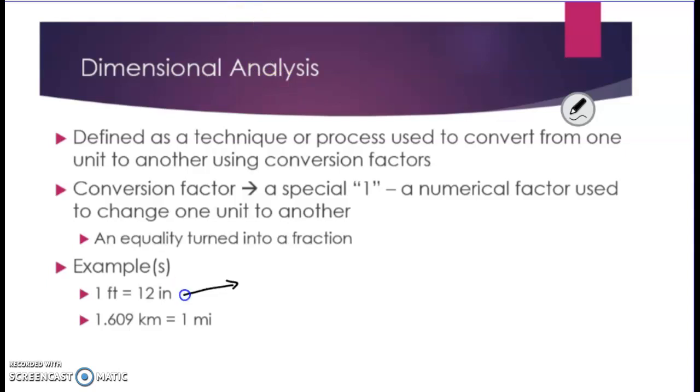For example, this equality, 1 foot equals 12 inches, can be written as 1 foot over 12 inches, or 12 inches over 1 foot. Most of these will be things that are provided to you, so you don't have to memorize them. Okay, if you'd like to try the other one, you can as well.